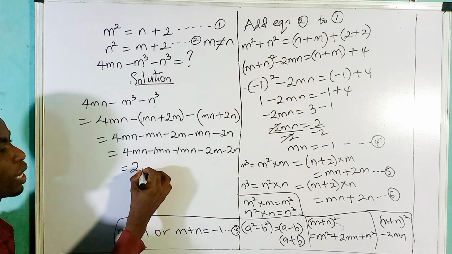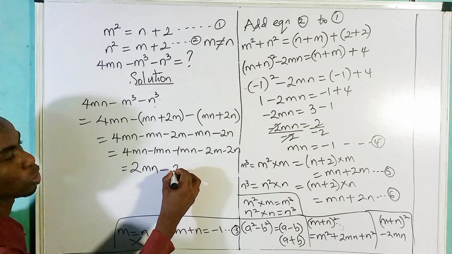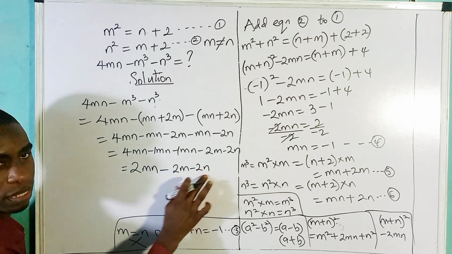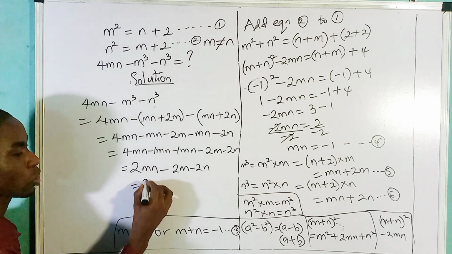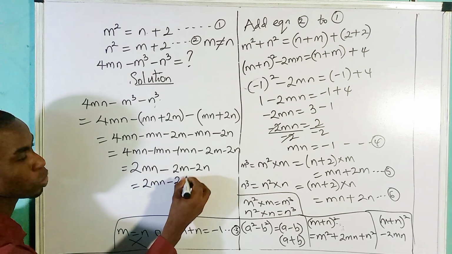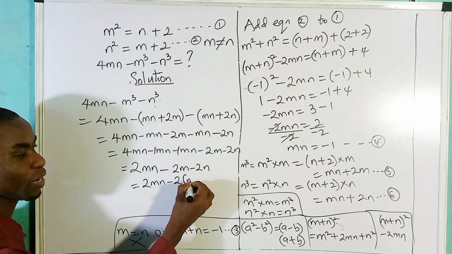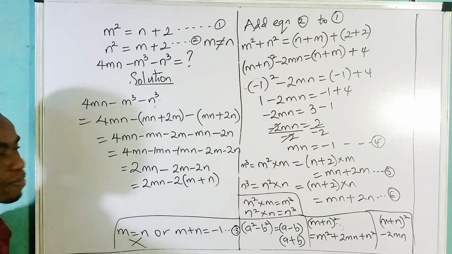So this will be 2mn minus 2m minus 2n. Let's factorize this. We'll be having something like 2 as our factor. So this is 2mn minus 2 into, if you remove minus 2 from this, you'll be having m. If you remove minus from this, it's now plus n.